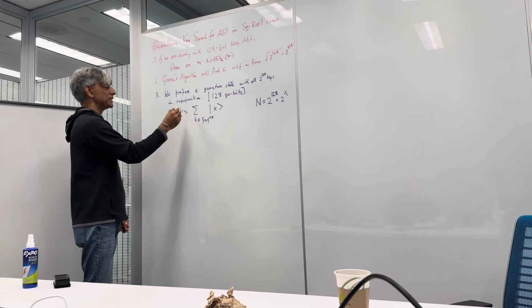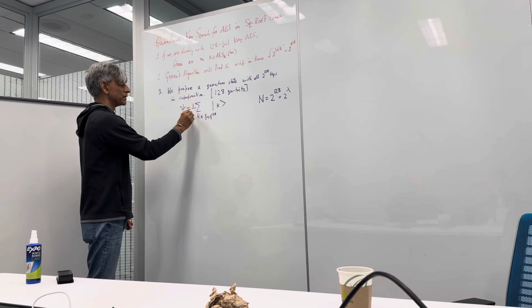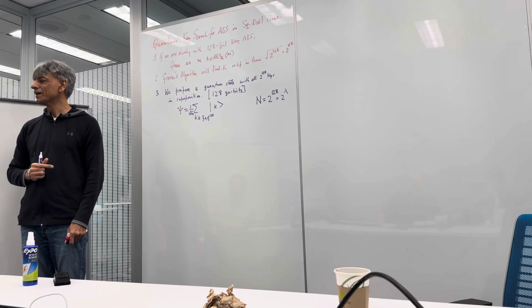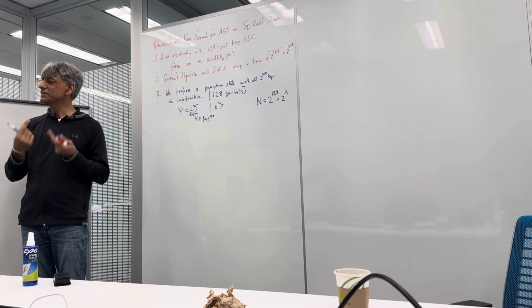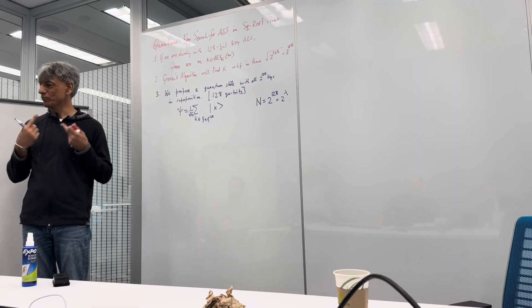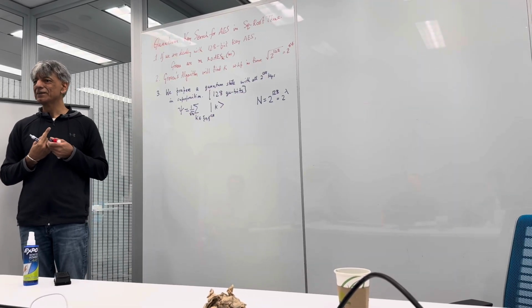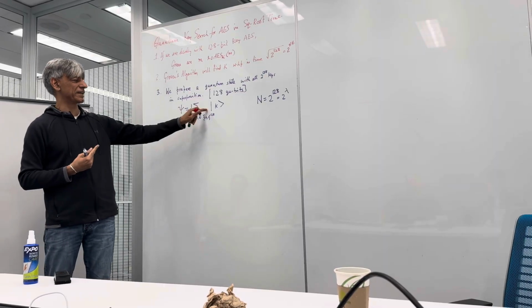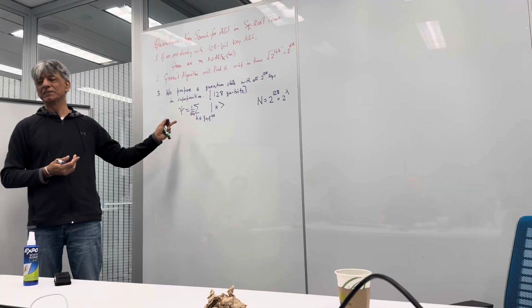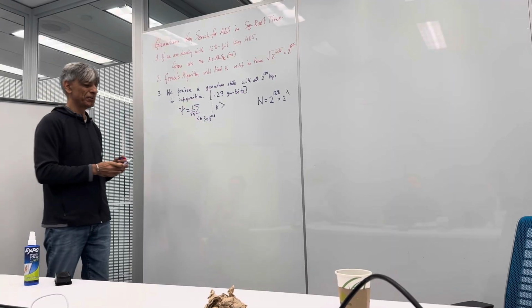So as you can see, this is normalized by putting a 1 over square root N there. All right, because then the probability of each term is 1 over N, and when you add them up, the total probability is 1. Okay, so that's the state. I mean, you can push this inside, right? I have written it this way or that, it doesn't matter. You can put it inside the summation.